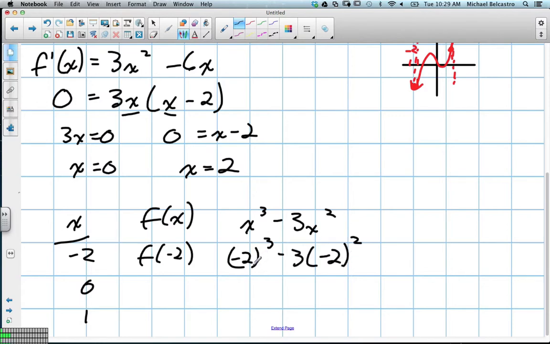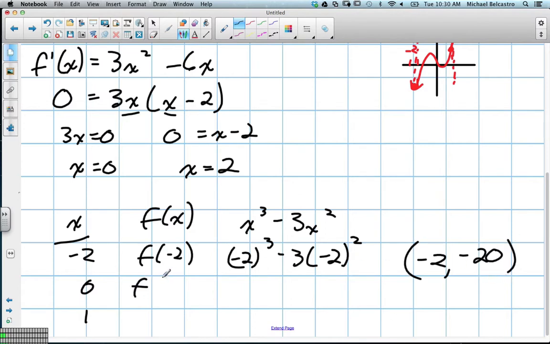That's going to give us -8 minus 12. Is that -20? Yeah? Great. Thank you for that quick confirmation. Someone follow along with the calculator to help me out. So this is one of the coordinates.